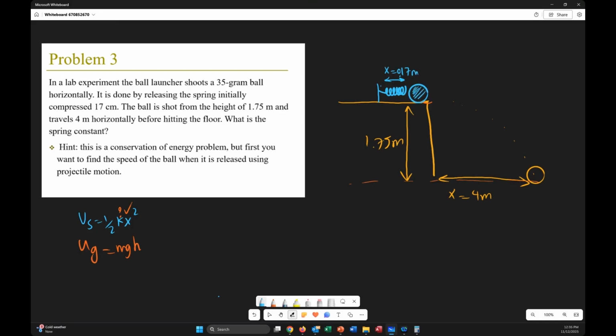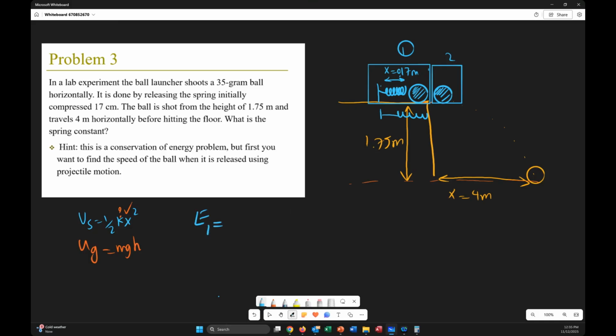And then when it's released, the ball is going to be here. This is situation number one. This is situation number two. At situation number two, the spring is back to its normal position. Make sense?